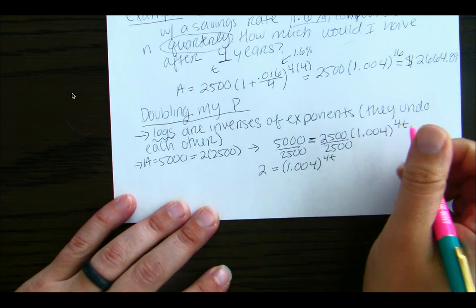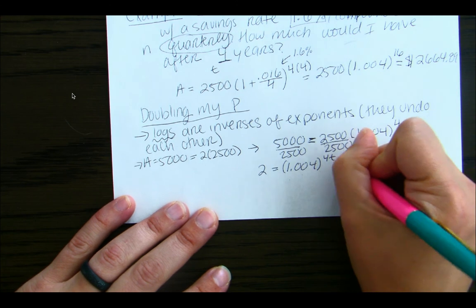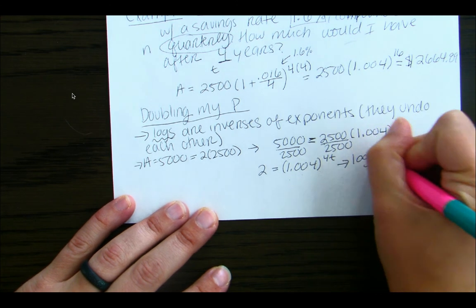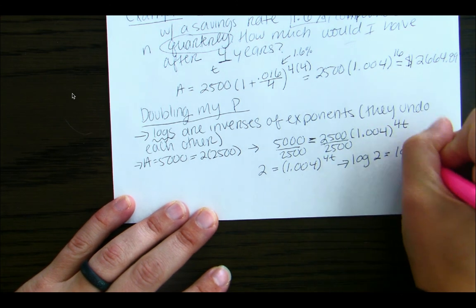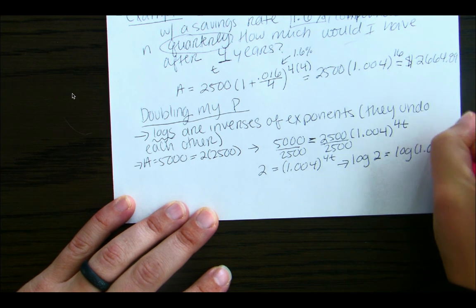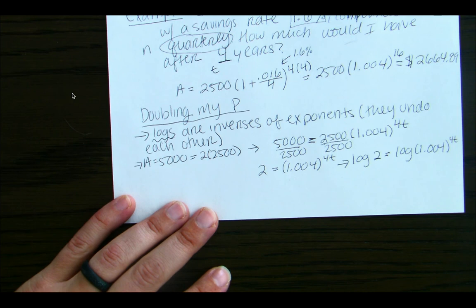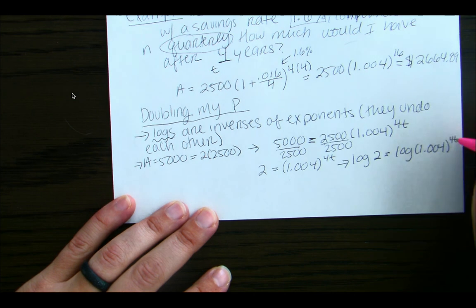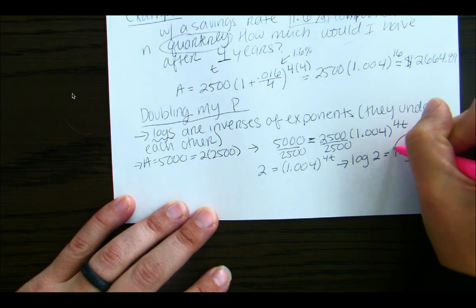So from there, I need to take the log of both sides. So that means I'm saying log 2 equals log 1.004 to the 4t. What's nice about this, instead of listening to that video of how it was explaining everything, this is what I would do. When I have an exponent with a log, this just gets moved up front.